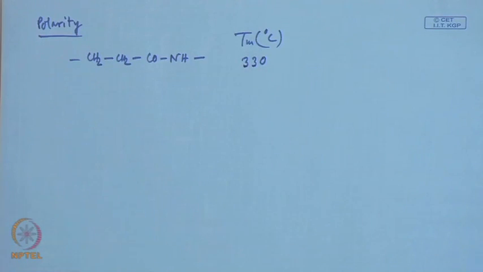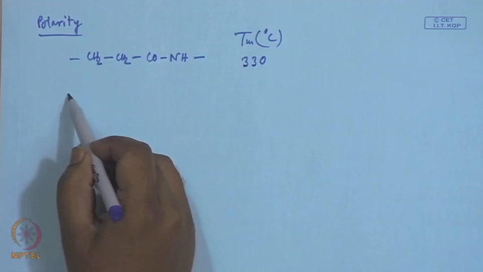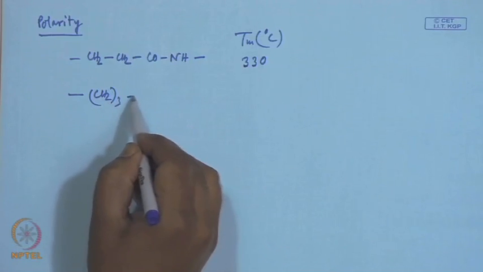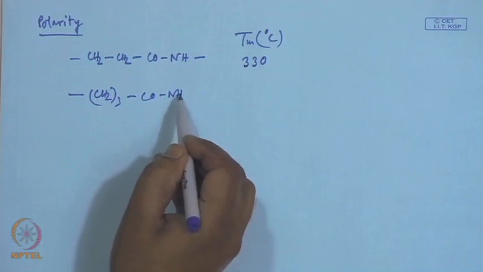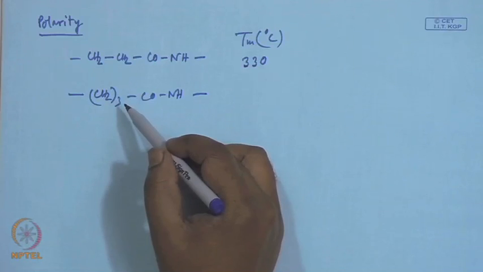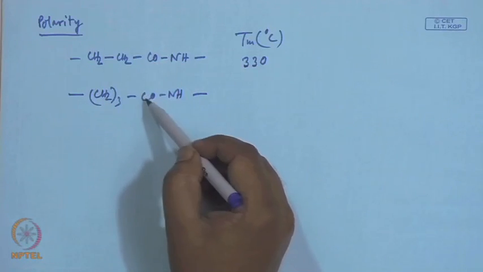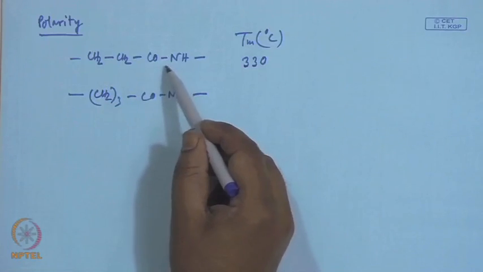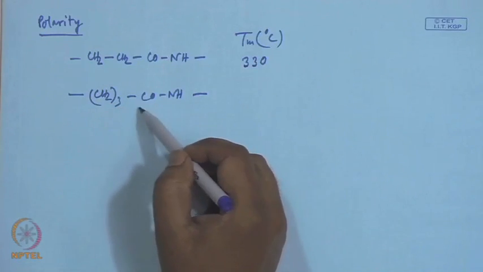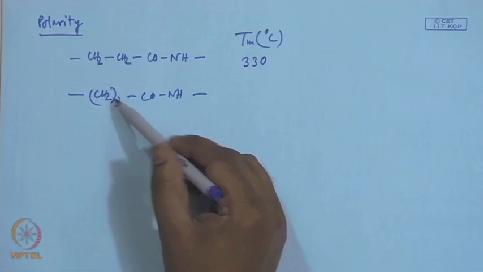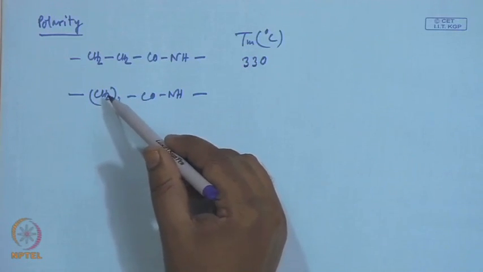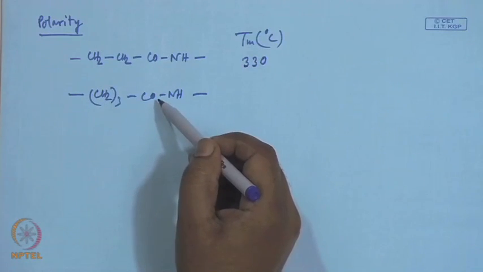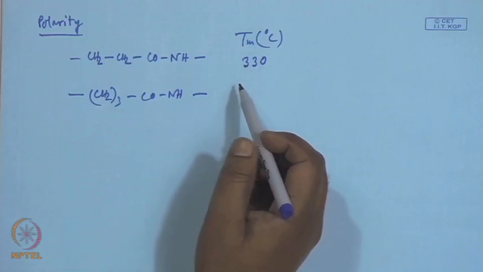If you have a more flexible group instead of CH2 CH2, for example, 3 CH2 groups, then the contribution from this CONH group in this case is lower compared to this case, because you are adding more non-polar groups, hence the intermolecular attraction goes down, hence the Tm goes down.